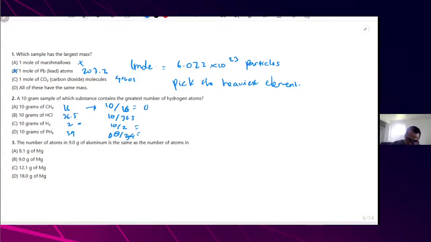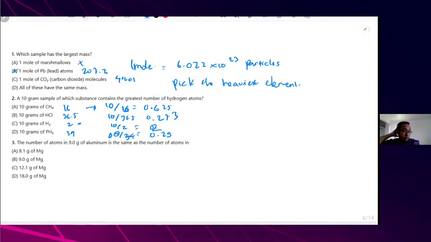This one is 0.625, this one is 10 divided by 36.5, 0.27, and this one is 2, and then 10 divided by 34 should be 0.29.